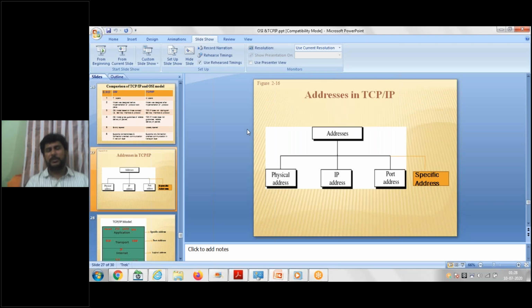The last topic which we are going to discuss before we end is the different types of addresses used in TCP/IP. Based on the layer and the functionality, we have four different types of addresses. The first one is the physical address, the next one is the IP address, the third one is the port address, and the fourth one is the specific address.